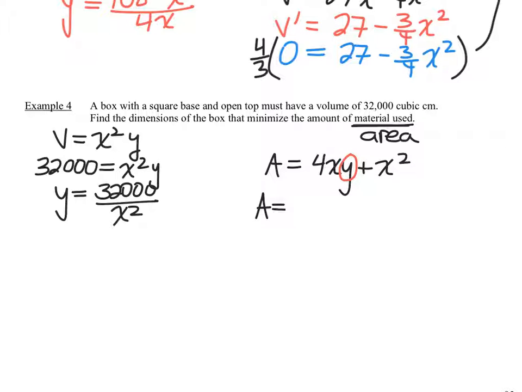So A equals 4x times 32,000 over x squared plus x squared. And again, same story as the last problem. We have to differentiate this, so we want to clean it up first. So x would go into x squared, x times, but this time on the bottom.